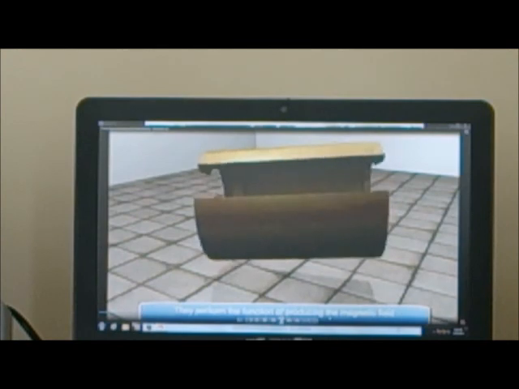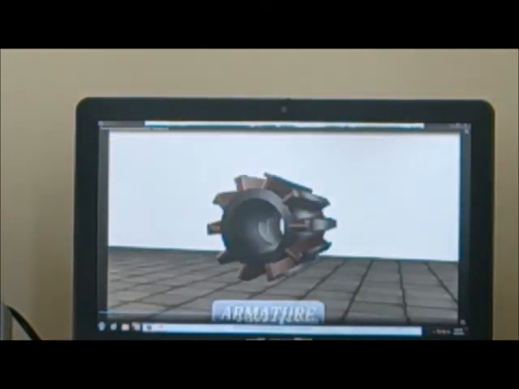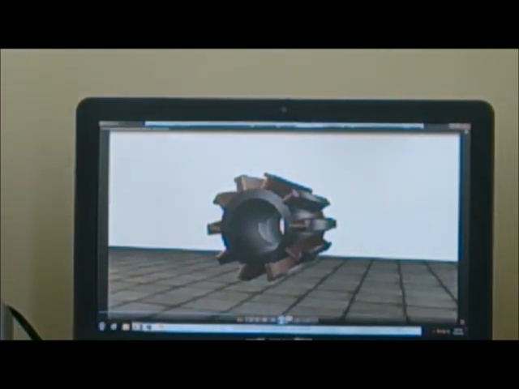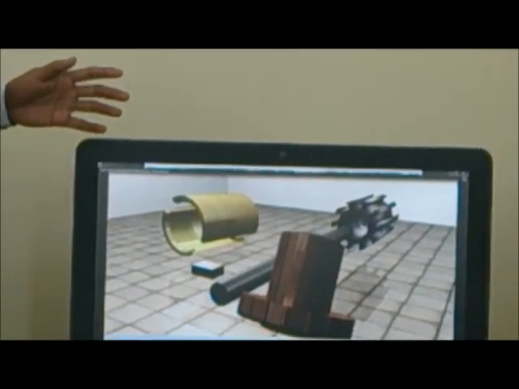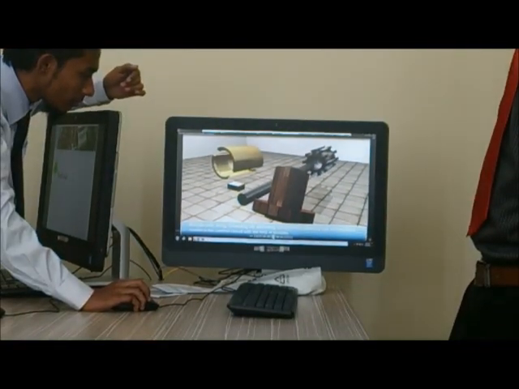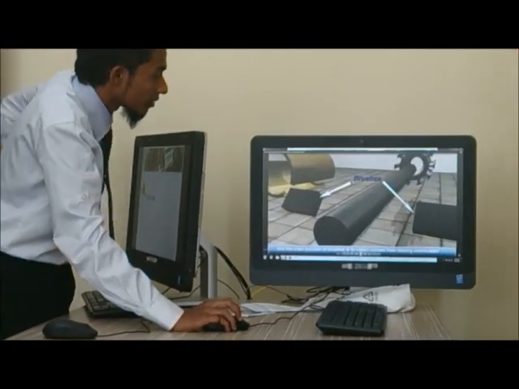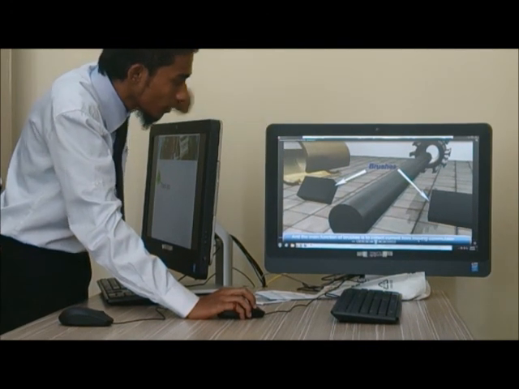They perform the function of producing the magnetic field. Armature. It is a system of conductors or coils which is free to rotate on the supporting bearings. You can see this is the armature. External circuit with the help of brushes. The main function of brushes, which are carbon collector brushes, is to collect current from the moving commutator.